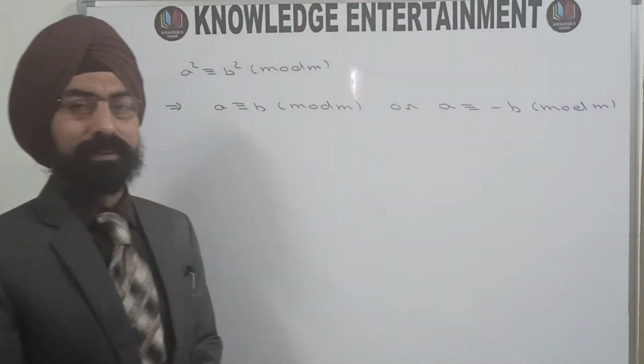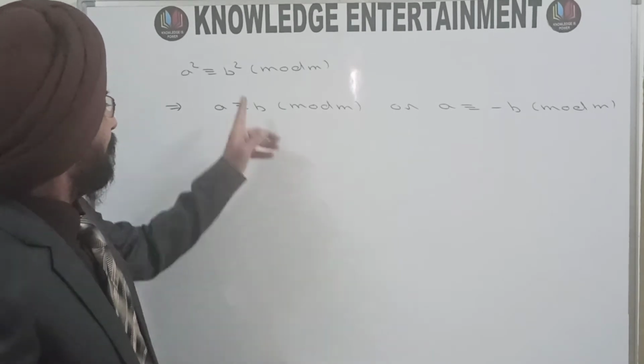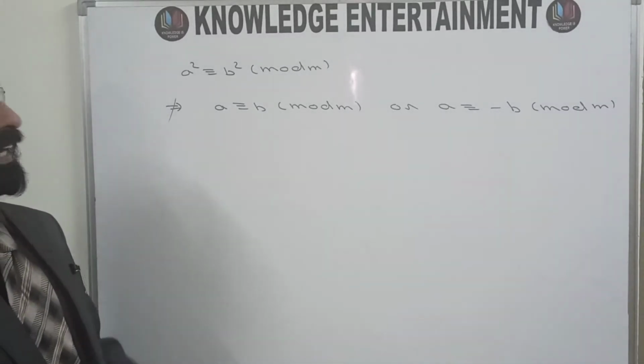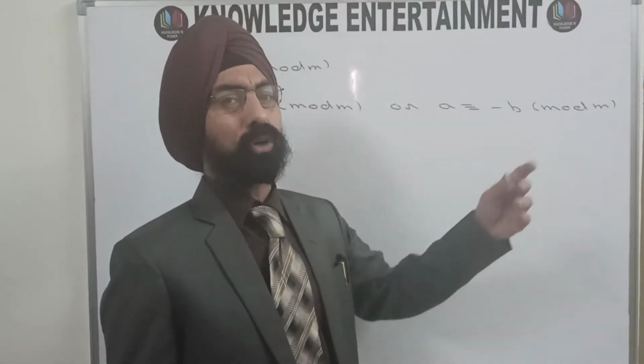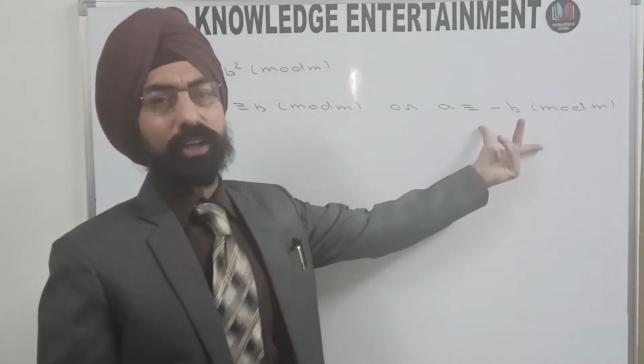Some people have this confusion in their mind, but it is not true. a square is congruent to b square does not imply a is congruent to b modulo m or a is congruent to minus b modulo m. Maybe this is true and these both are not true.